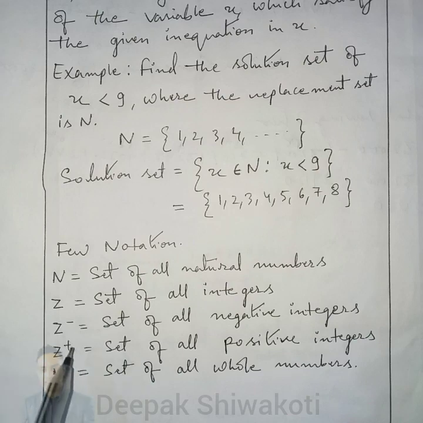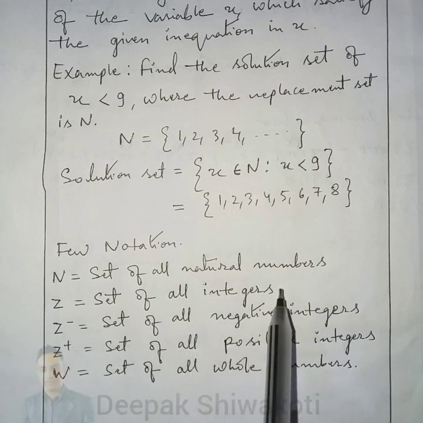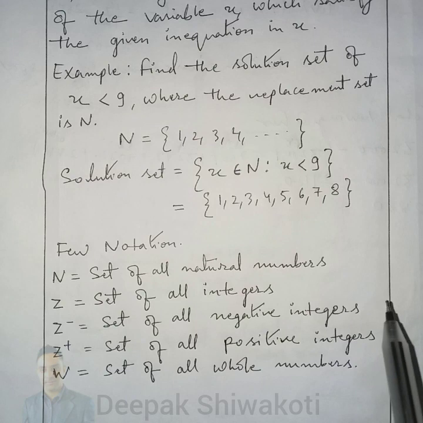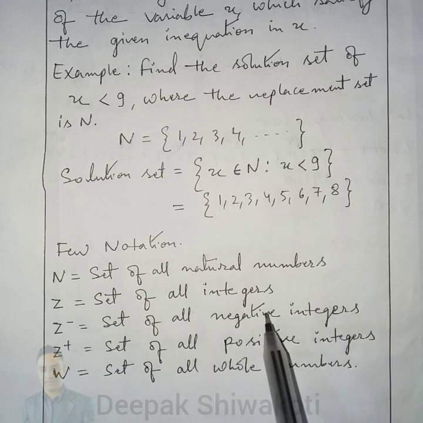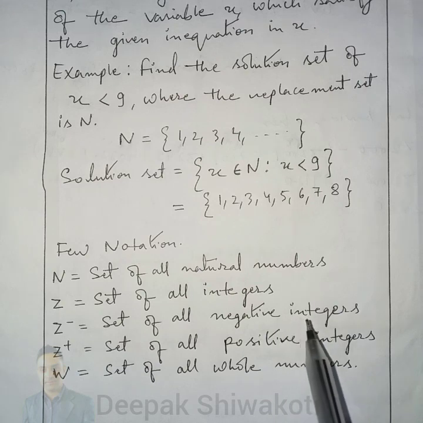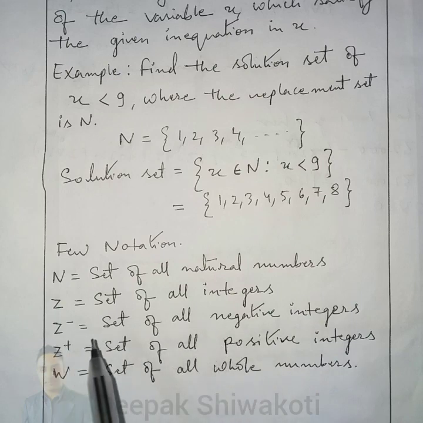Natural numbers are 1, 2, 3, 4, 5, 6 like this. Integers are -3, -2, -1, 0, 1, 2, 3 and so on. Negative integers are all the negative numbers, positive integers are all the positive numbers, and whole numbers start from 0, 1, 2, 3, 4 like this.